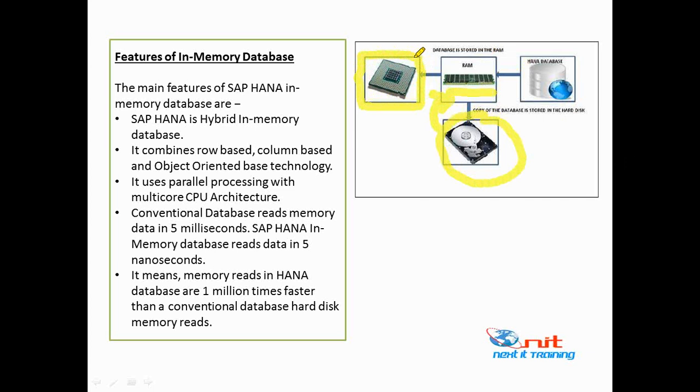If you send a request, it splits that request into multiple processes, goes to RAM, and fetches the data quickly. It saves a huge amount of time rather than going to your hard disk, fetching the data, and displaying it here. This is called an in-memory database. Fetching from the secondary hard drive to the RAM is called in-memory databases.